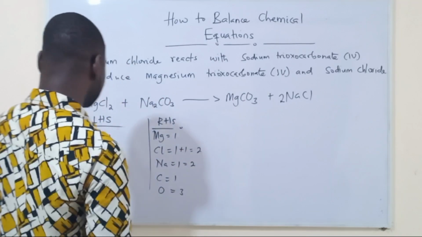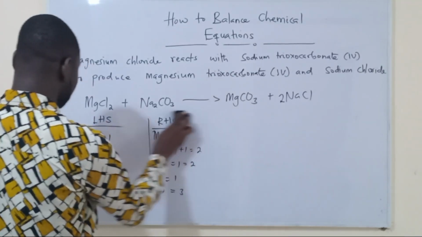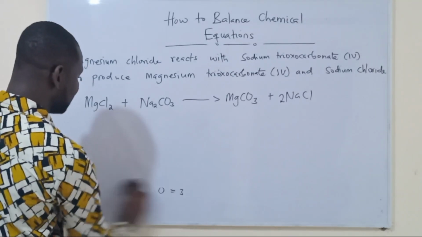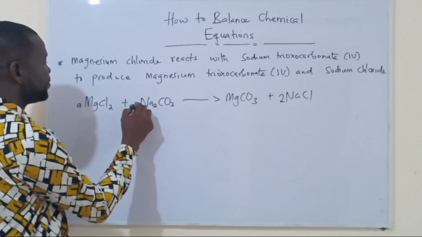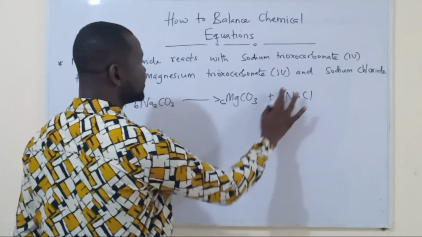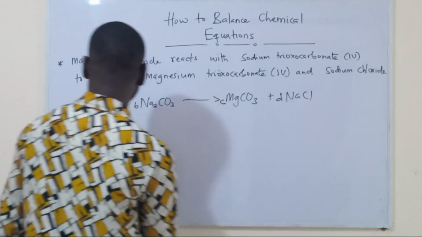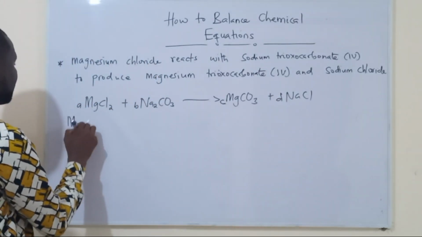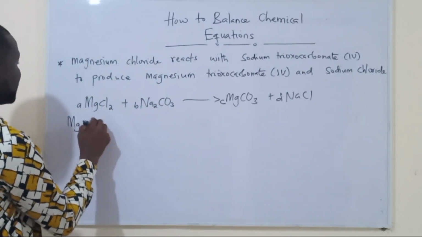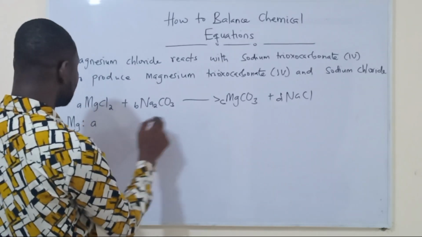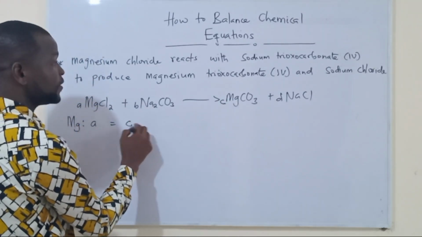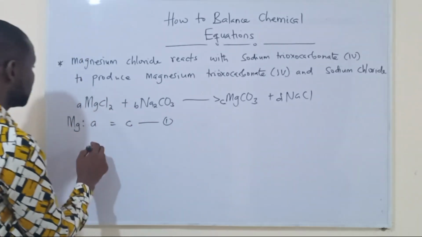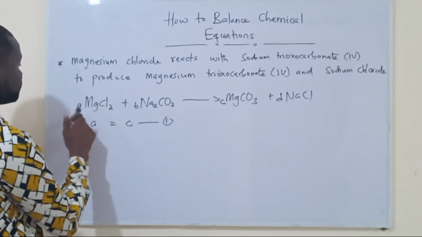Let's try the simultaneous equation method also with this. So we are going to have A, B, C, and D. So for magnesium, I have A. There's no other magnesium here, so equal to. There's magnesium here, I have C. So that's equation 1. The next one, I have chlorine.